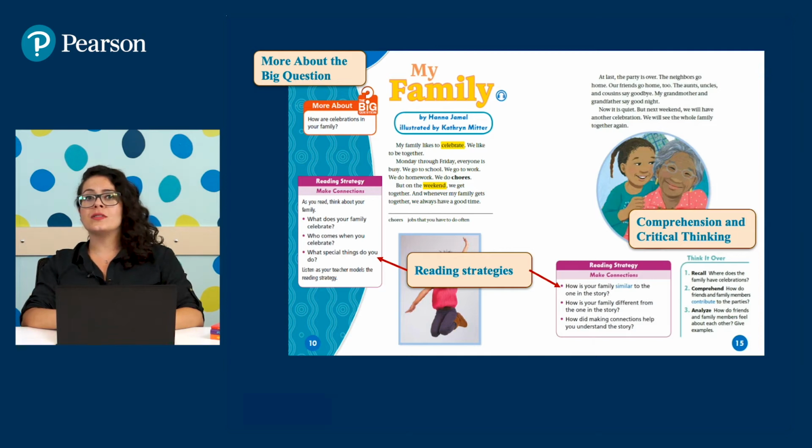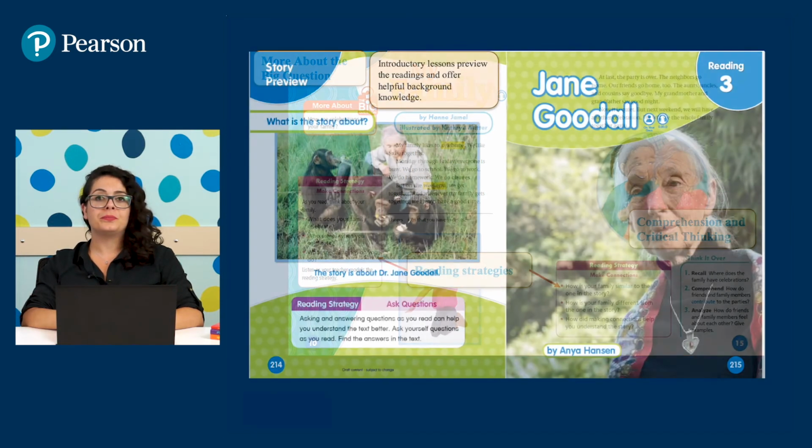Comprehension questions are given at the end of the reading selection in Think It Over sections. The ordering of the questions matters here. The very first question is recalling the information, while in the second one, they are required to comprehend and finally analyze. The order of these questions is important in terms of critical thinking.